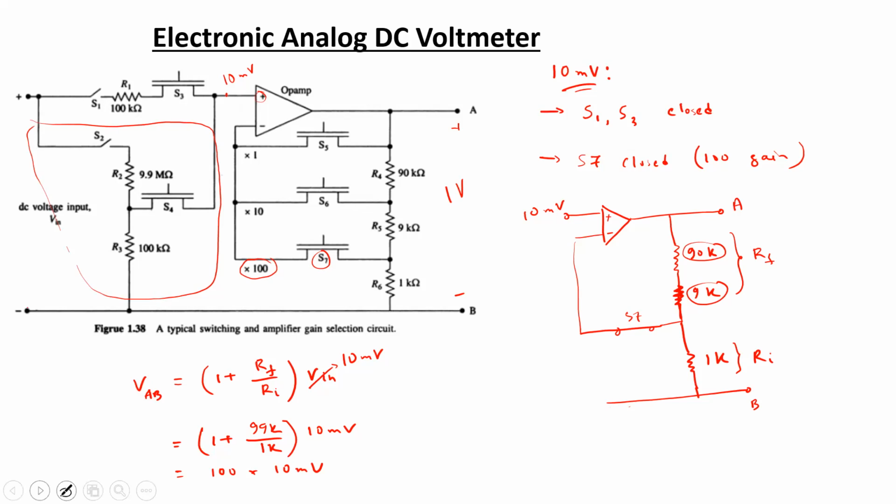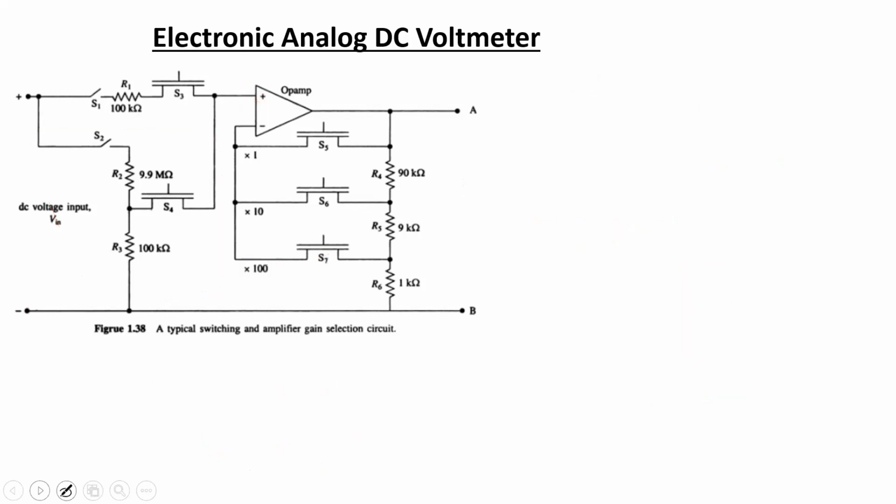Now, if we consider another case, let's say the case of 100 millivolts, because for this arrangement we said that it is going to work for 4 different ranges: 10 millivolts, 100 millivolts, 1 volt and 100 volt.